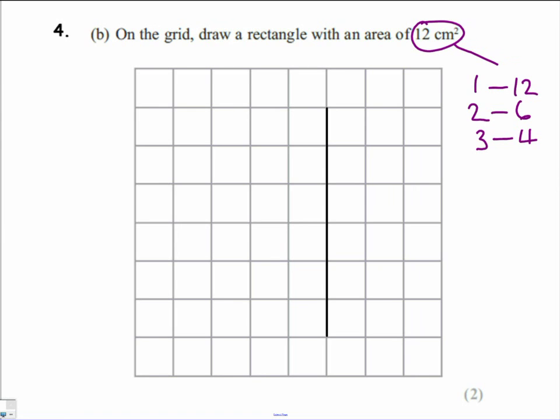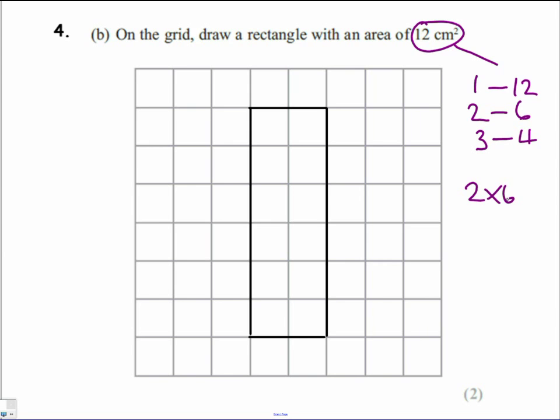So 1, 2, 3, 4, 5, 6, and draw the 2 across. So 2 across there, then 6 down, and then 2 across. And I know the area is 12 because when I multiply 2 by 6, it gives me my 12 centimetres squared. And that's 2 marks for the 2 dimensions.